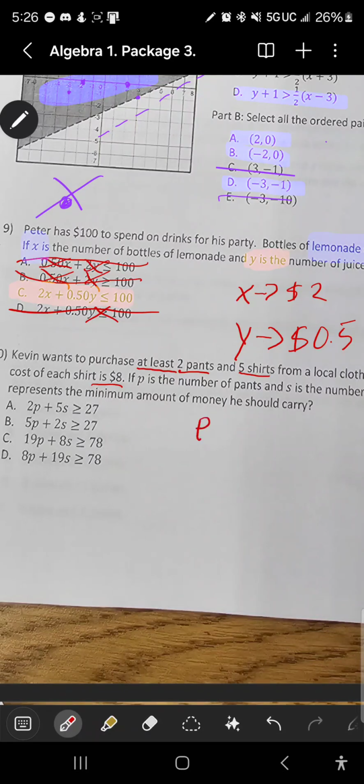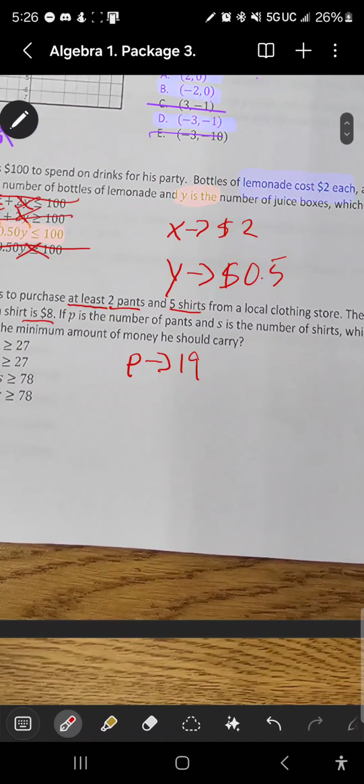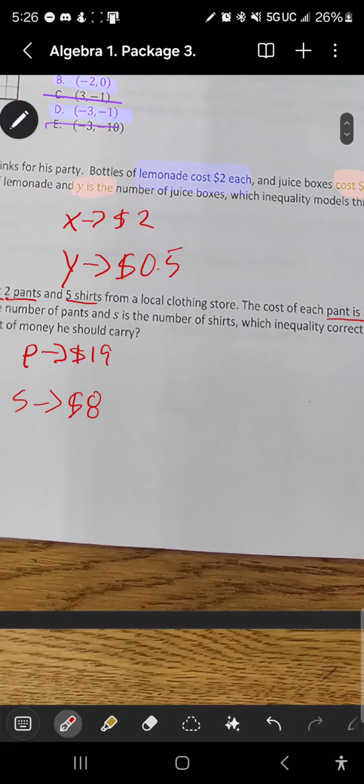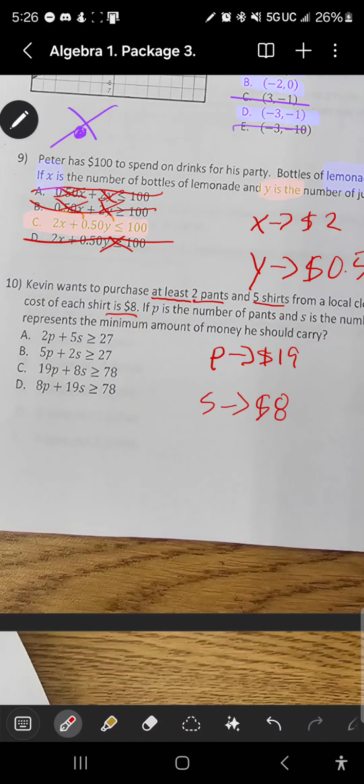If P is the number of pants, so P goes with $19, and S is the number of chairs, so S goes with $8. Which inequality correctly represents the minimum amount of money he should carry?